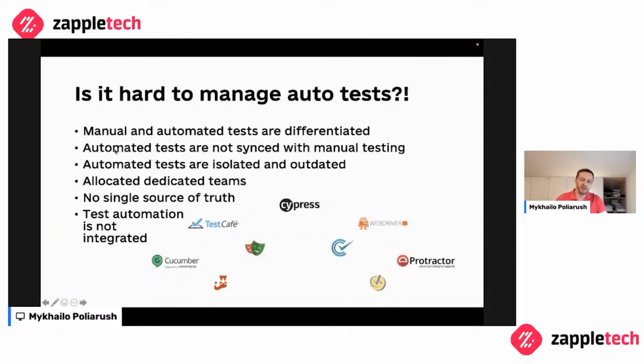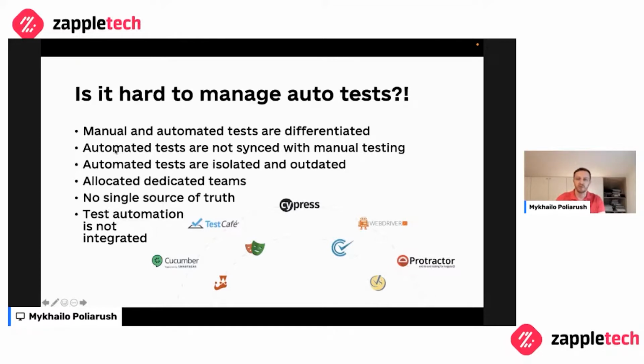From our practice we see that manual and automated test cases are really much differentiated. Some of the companies and projects follow modern methodologies and modern tools, but the majority of companies and projects follow what I would call the old-styled way, where the automated test cases and the manual ones are isolated and outdated.